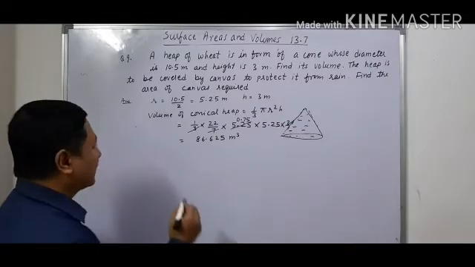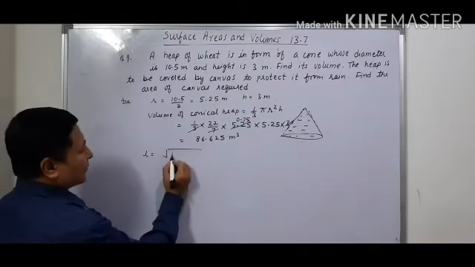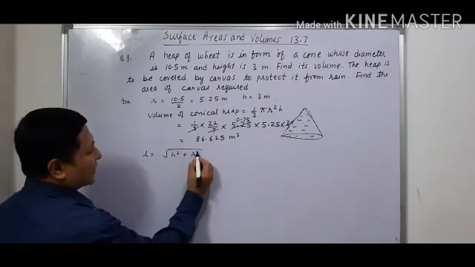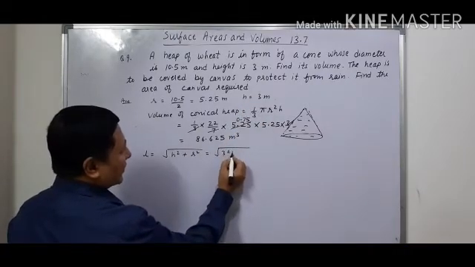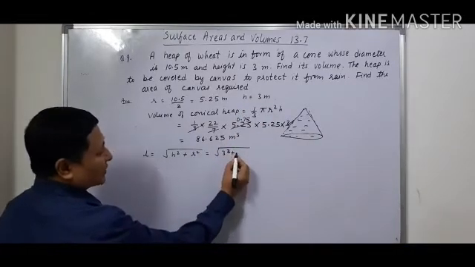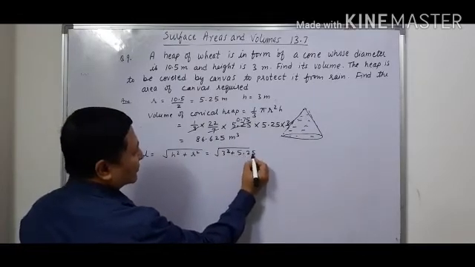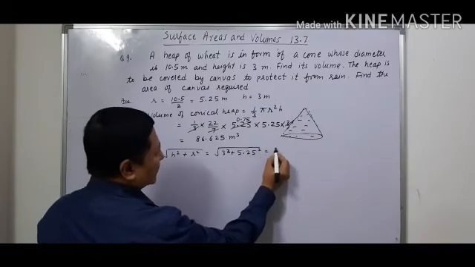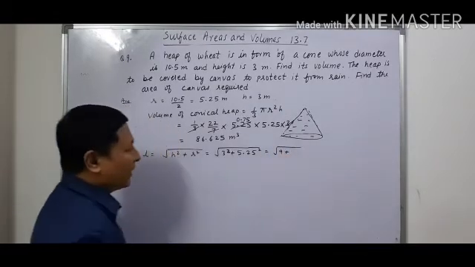We have to first find the slant height. So we'll find the slant height by the formula square root of h square plus r square. h is 3, so 3 square plus r square, r square is 5.25 square. 3 square is 9, and 5.25.